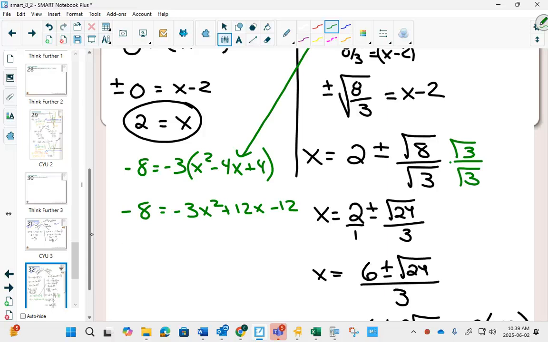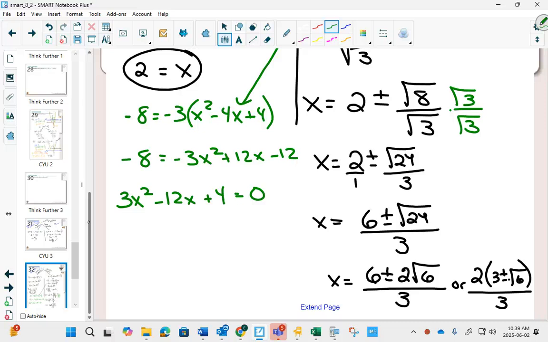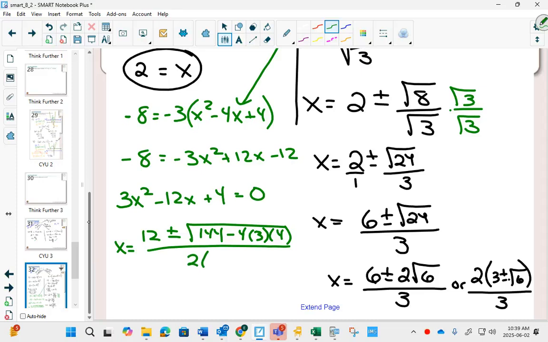And because the x squared is negative, I would actually move everything to the left-hand side. So minus 12x. And if I added 12 plus 4, it doesn't factor, so you would have to use a quadratic formula. Negative b would be 12 plus or minus b squared, 144, minus 4 times a times c, divided by 2 times a.